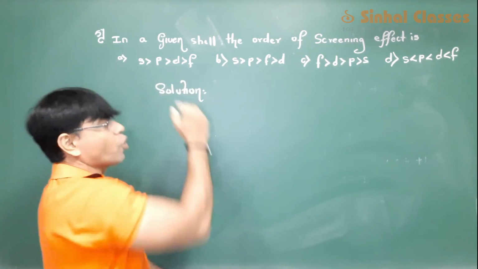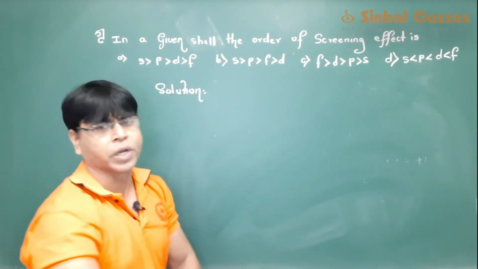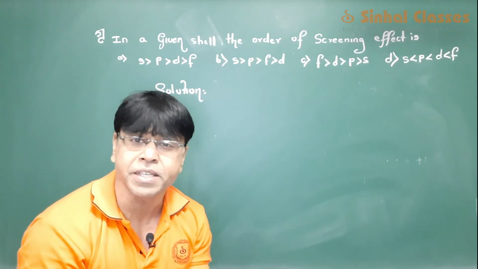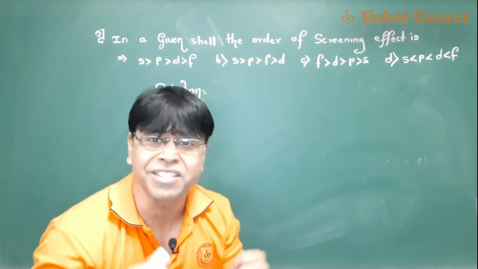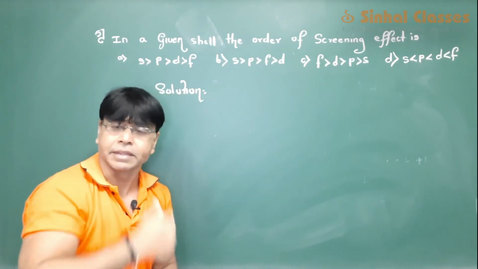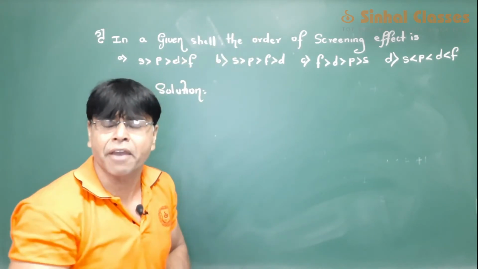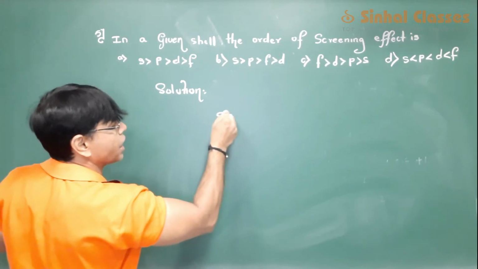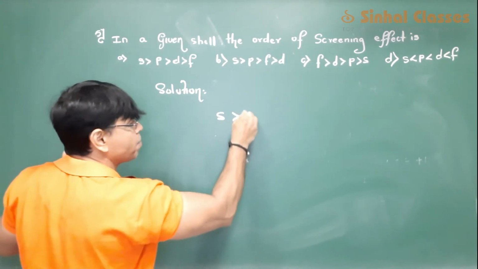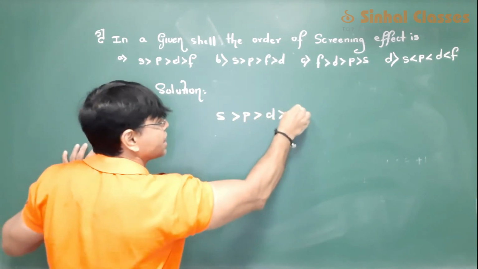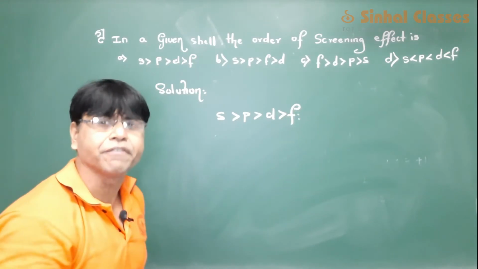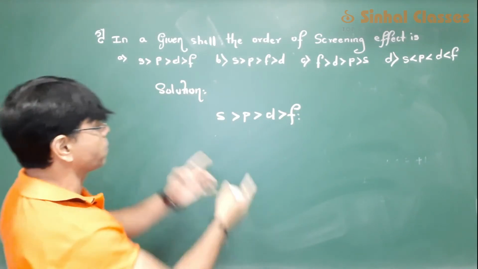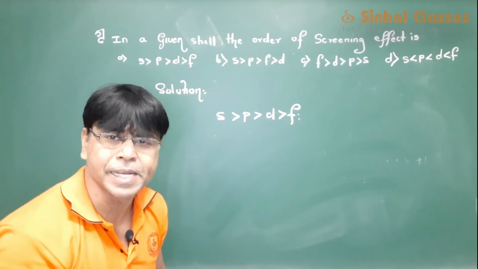Now since s orbital is very close to the nucleus, it will experience a higher effective nuclear charge compared to p, then d and the last f. So it's a very simple question. So the order should be s will be more, then p, then d and then f, due to the effective nuclear charge experienced by all these orbitals.